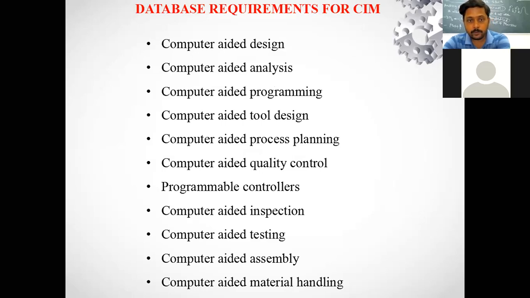The first one will be computer aided design, computer aided analysis, computer aided programming, computer aided tool design, computer aided process planning, CAPP, computer aided quality control, programmable controllers, computer aided inspection, computer aided testing, computer aided assembly, computer aided material handling, that is the retrieval and storage system. That we have discussed in FMS, if you remember.